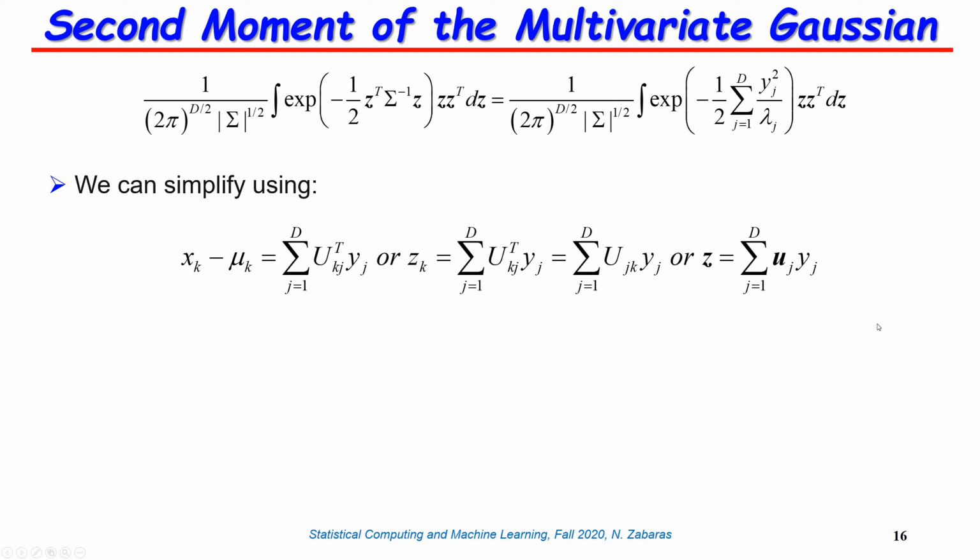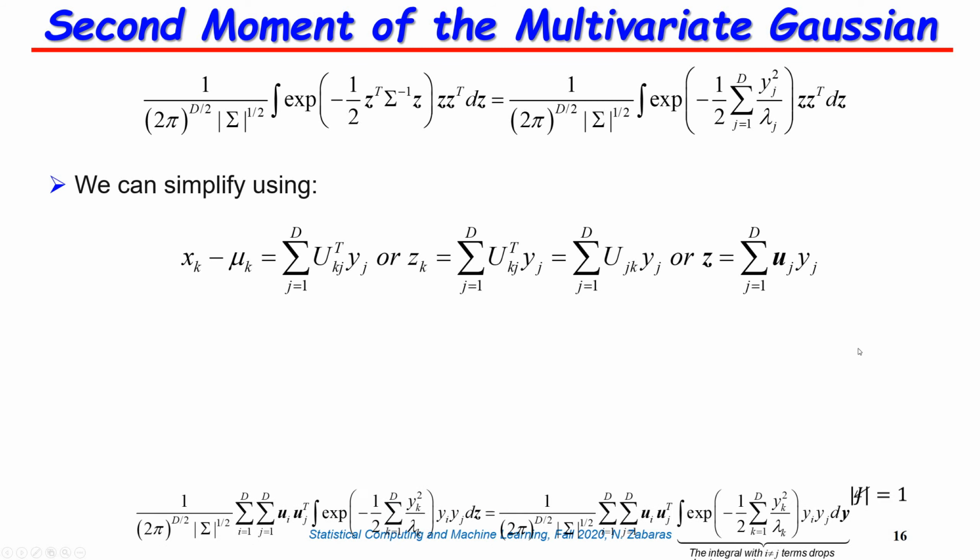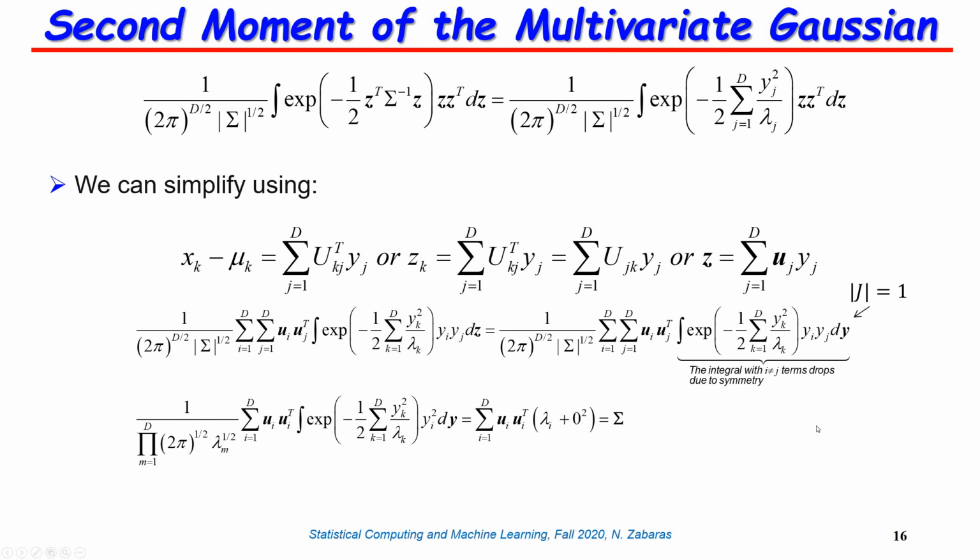All right, so we're going to substitute this z in here, and the equation is going to become a little bit complicated because we have two z's. So we're going to get two summations, yi, yj, summing over all possible i's and j's.